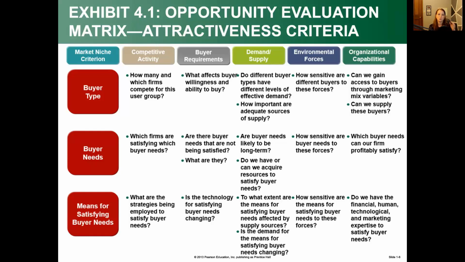We would also be looking at some quantitative measures, like looking at our budgets and what we have available for investing in new opportunities, looking at the potential for the market. For these new buyer types, what is the size of that market? How many consumers are there? How much do we think they spend every year on these types of products or something similar to what we think we're going to come out with? And how can we potentially forecast sales accurately to see if we can be profitable?